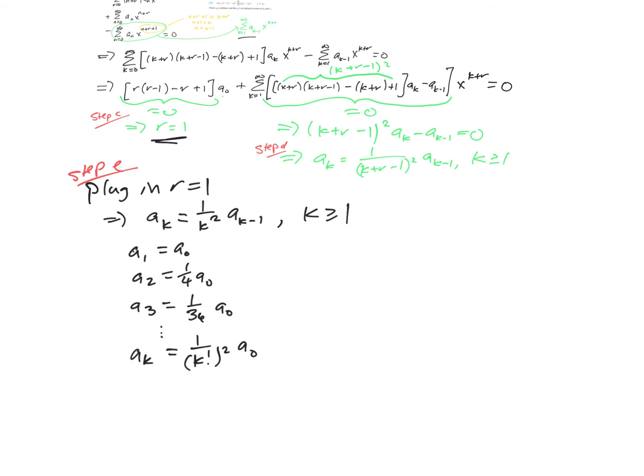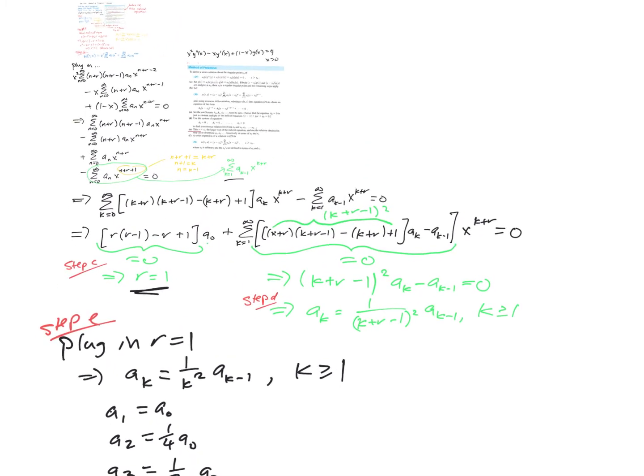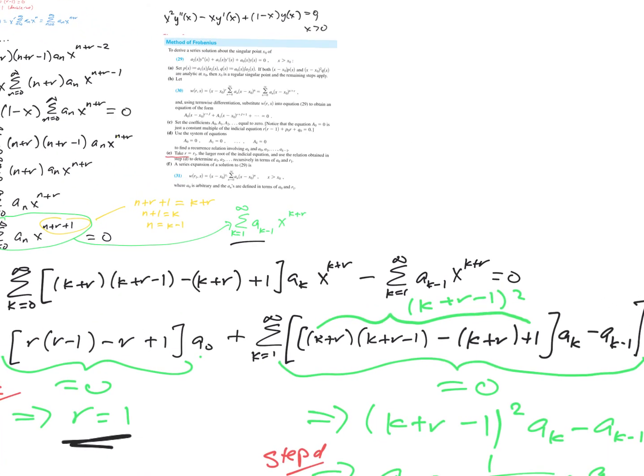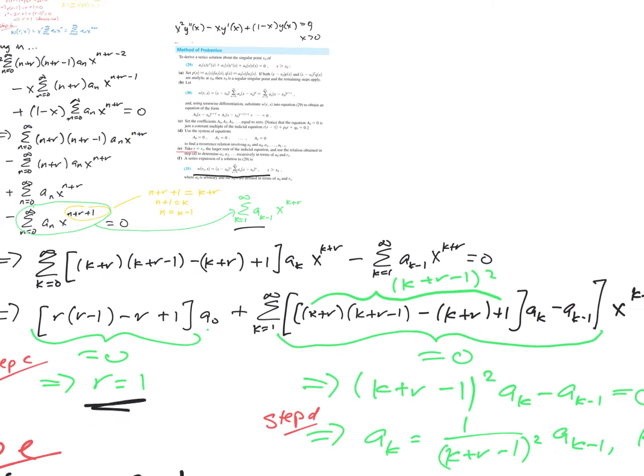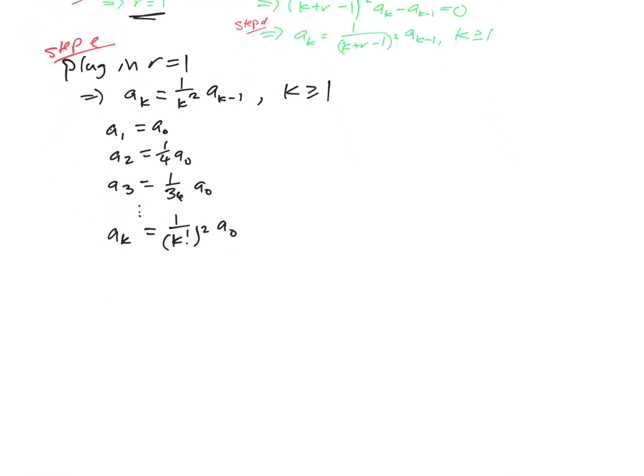And so we're just about done. Let's go see our steps. Step F is actually, here's your solution that will be defined in terms of your r and your first coefficient a_0. So we can write that out. Step F, our solution is, we called it w of r comma x, but it's actually equal to w of 1 comma x.